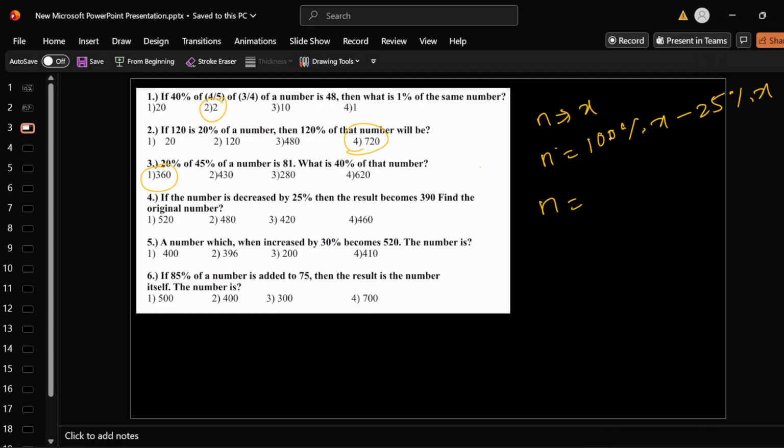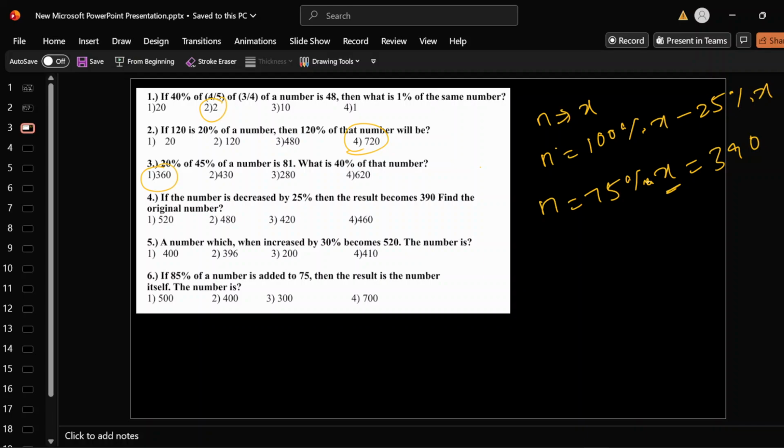If we subtract 25 from 100, we get 75% of x. And he has given that the result becomes 390. That means 75% of x is equal to 390, and he is asking us to find the x value.